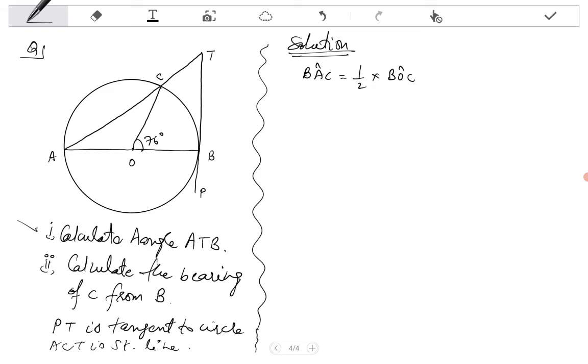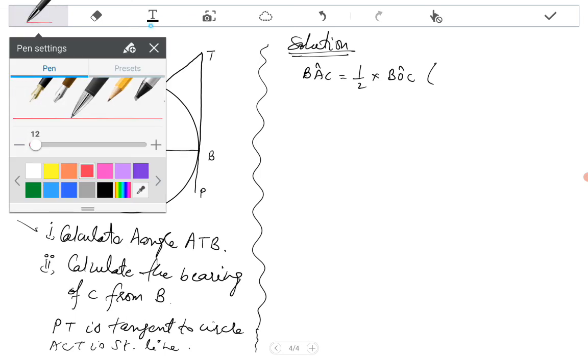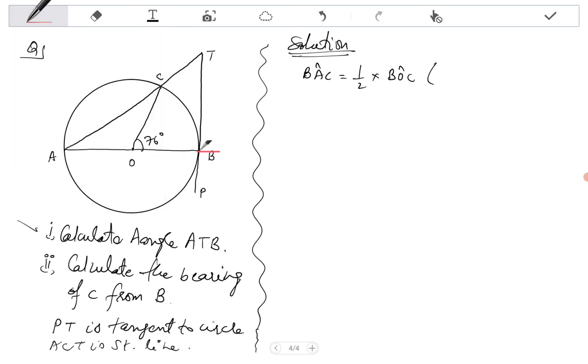BAC is half of BOC. First we write the geometrical statement and then we give a reason for it. As you see, arc BC is connected to the center at O, and the same arc is connected to the circumference at A. So the angle at the center is double that of the angle at the circumference, subtended by the same arc.